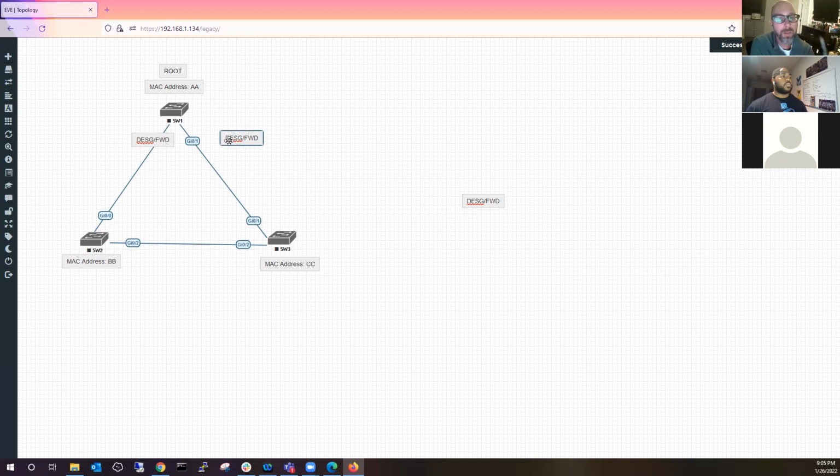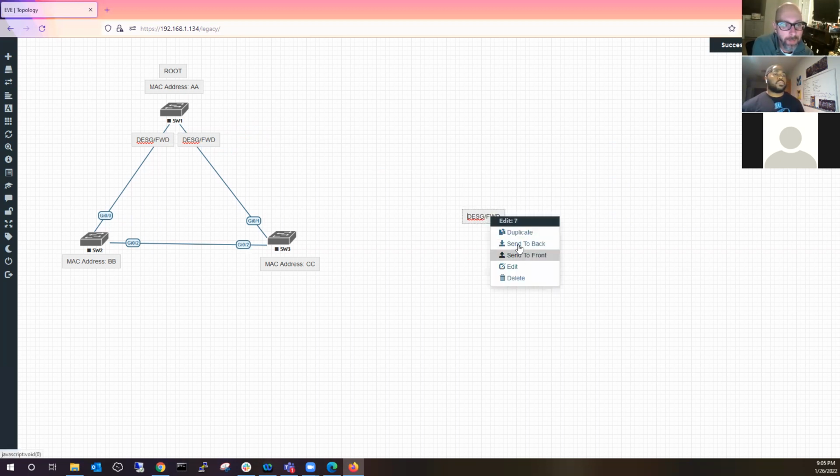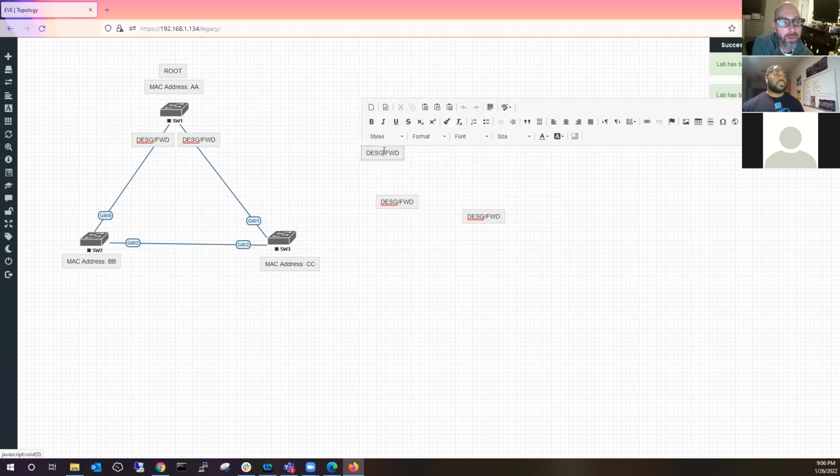Okay, great. So I'm looking at the interface speed. They're all the same. So switch 2 gigabit 0/0 is going to be a root port, because it has to forward and it's pointing to the root.